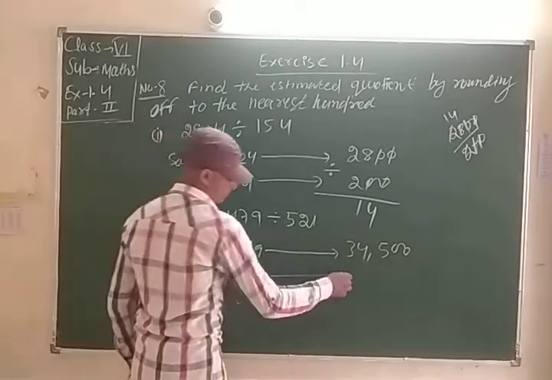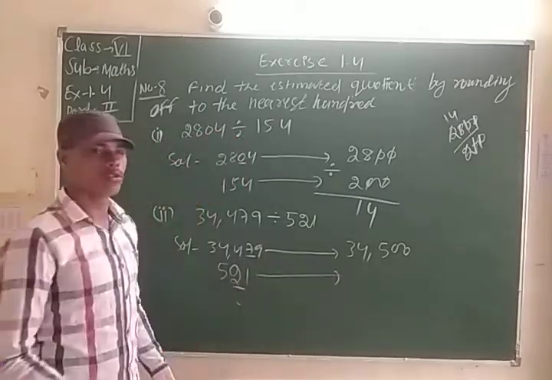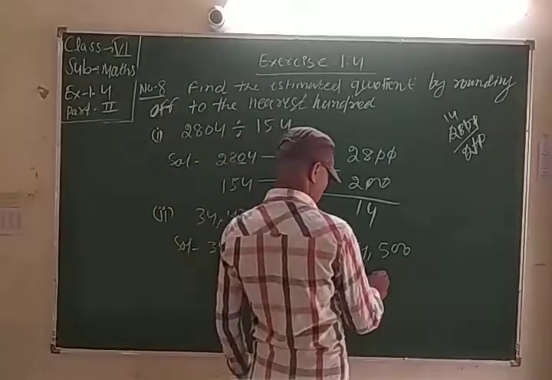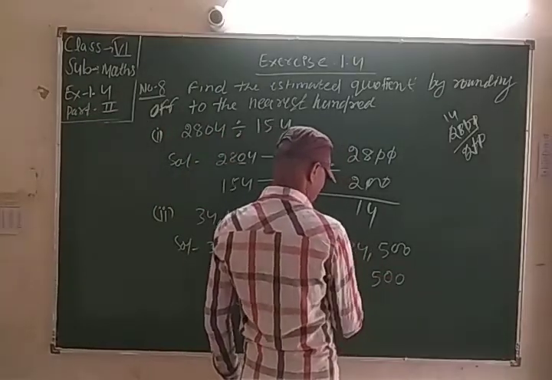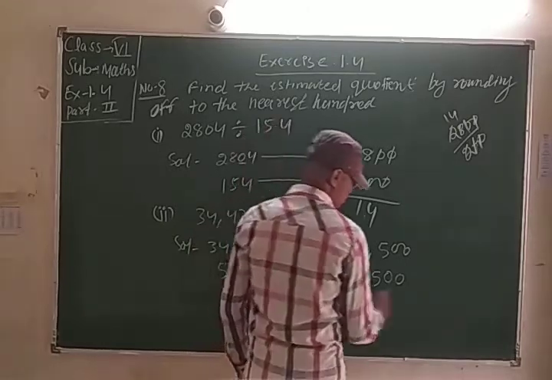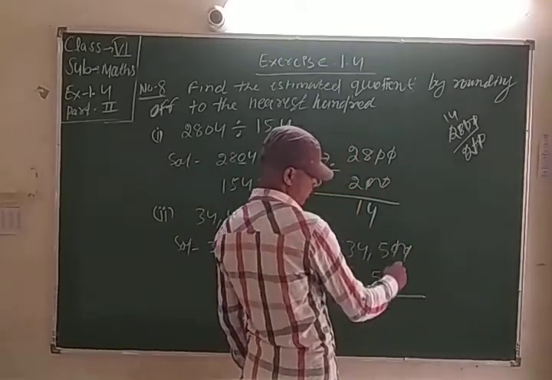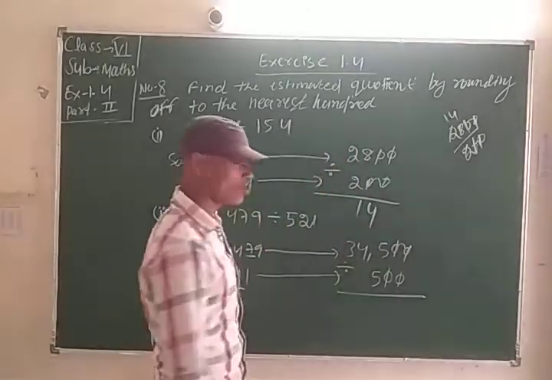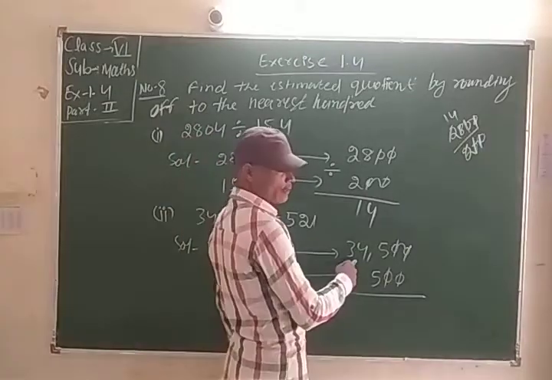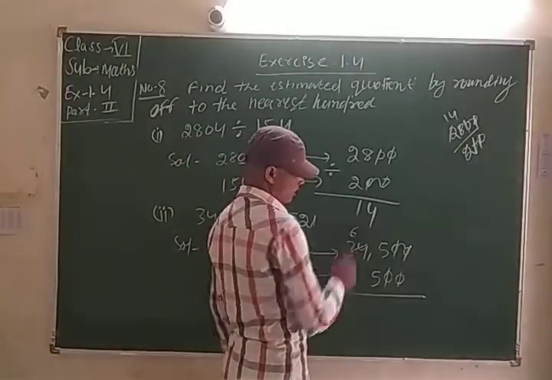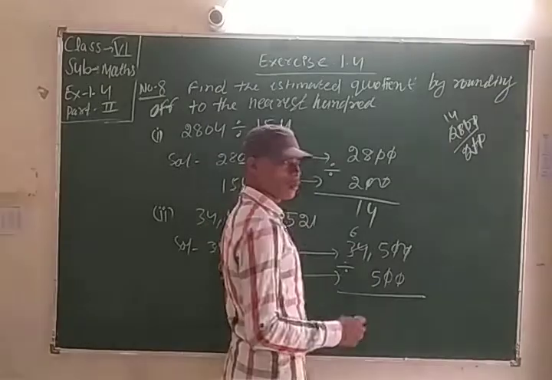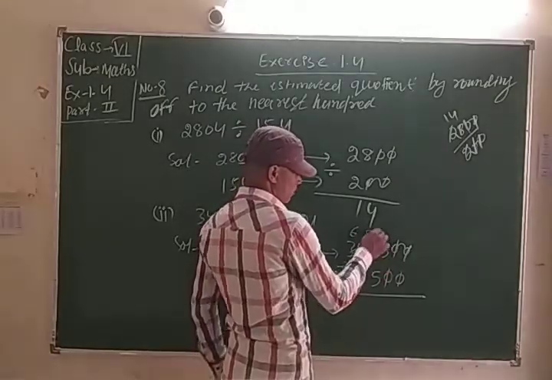Now 521 is rounded off. Here the tens place is 2, so it will not change. It should be 500. So 34,500 divided by 500. Here the 0s cancel, the 0s cancel. 5 sixes are 30, carry 4. 5 nines are 45.